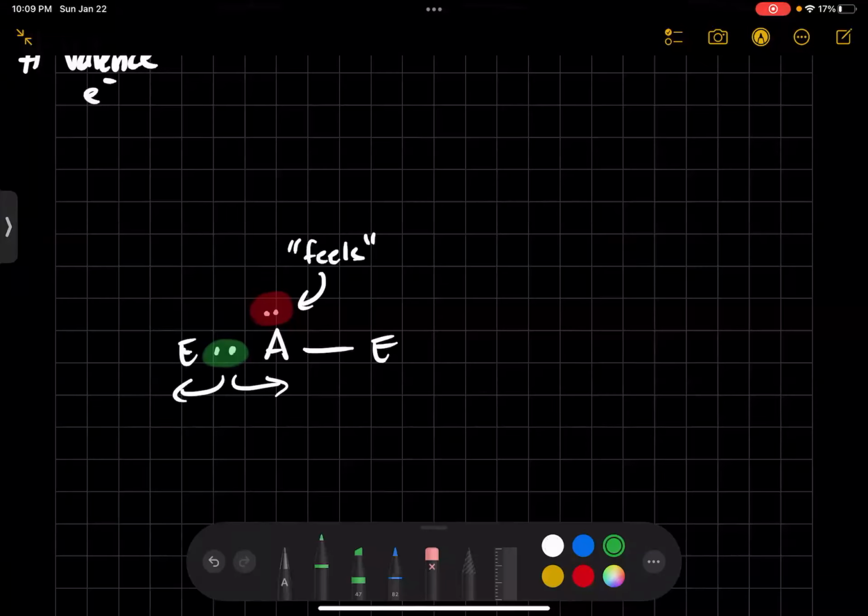So for this one, it only feels like it has 1. There are 2 electrons in the bond, right? We attribute the atom as having those 2 electrons, but it's sharing. It doesn't have all these electrons to itself.